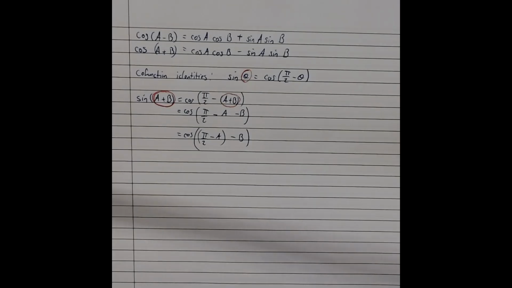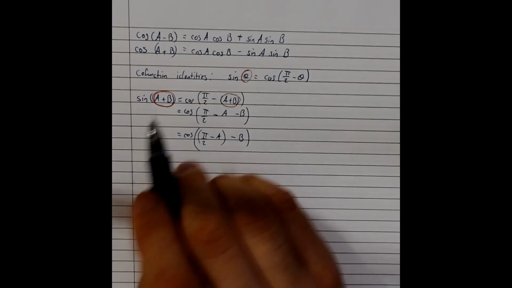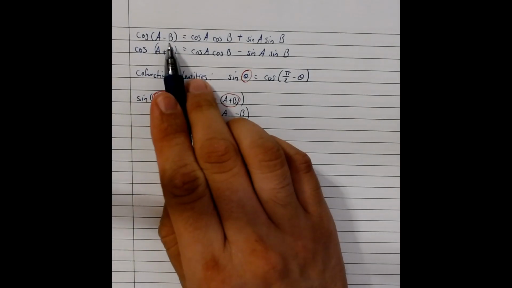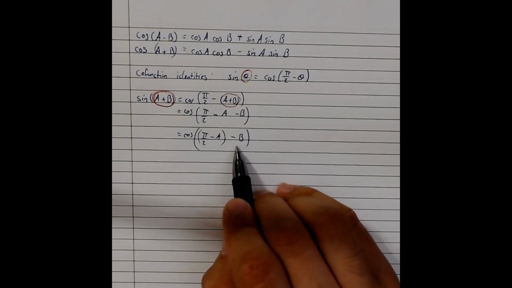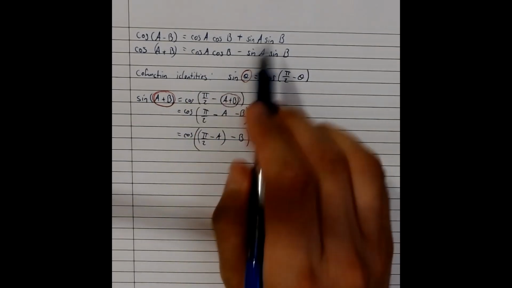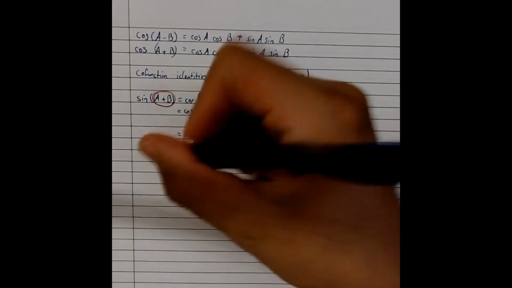All of these mean the same thing, but note now, this is the cosine of an angle minus another angle. I can use the difference formula. All right, so let's do that.